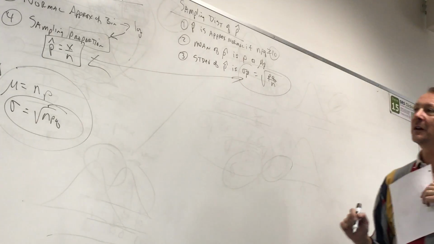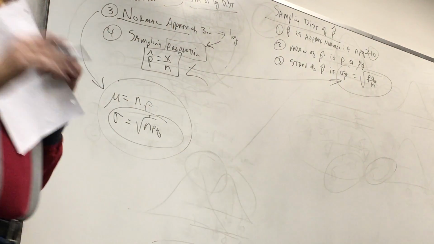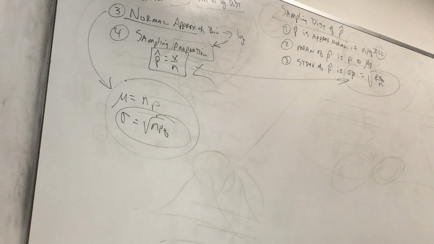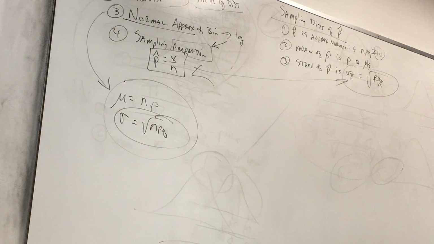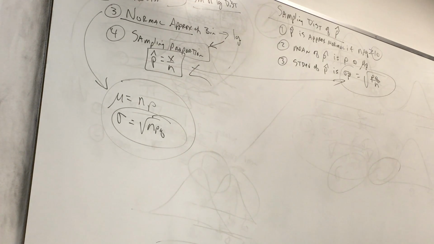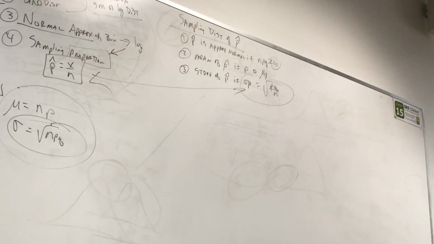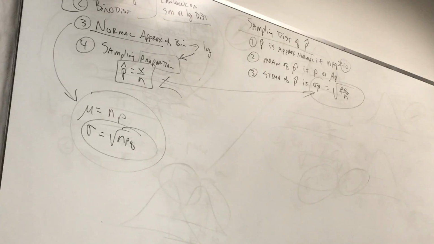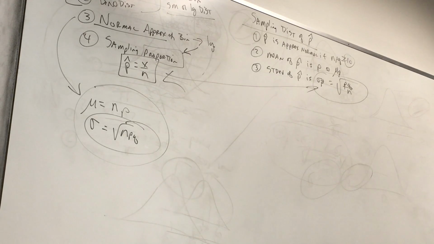Now let's talk a little bit again about this. If you're doing the normal approximation and you want to figure out the probability that something happens, what is the thing that you need to remember? Okay, so you're figuring out the probability that x is greater than 17. What do you have to remember?